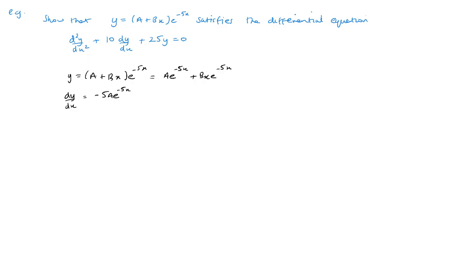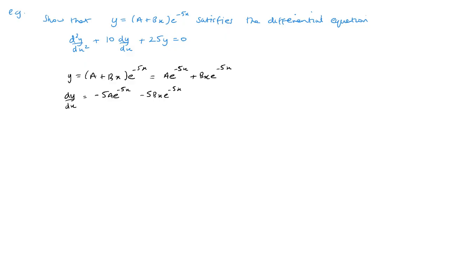Now differentiating bx e to the minus 5x, that's going to be product rule. Okay, so it's going to be bx times the differential of e to the minus 5x. So that'll be minus 5bx e to the minus 5x.